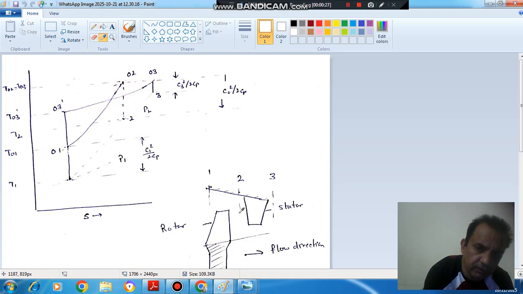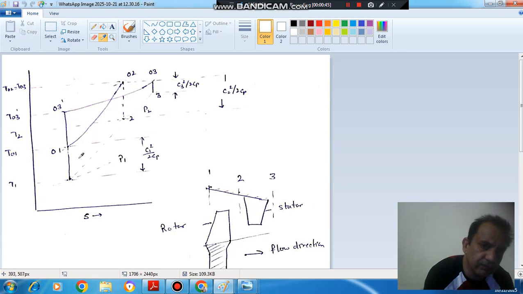This is your stage of the compressor: 1 corresponds to the inlet of the compressor, 2 corresponds to the inlet of the rotor, and also 2 corresponds to the outlet of the rotor or inlet of the stator, and 3 corresponds to the outlet of the stator.